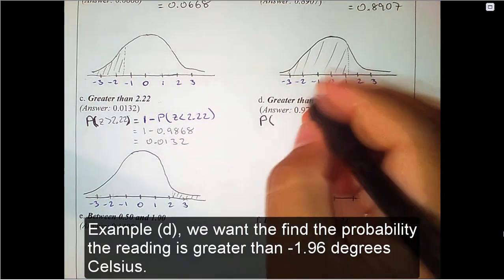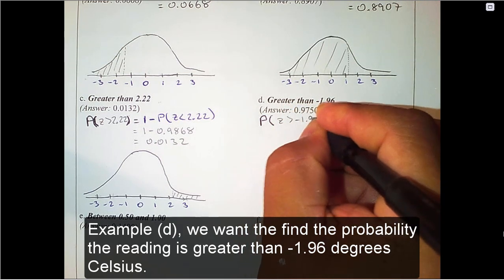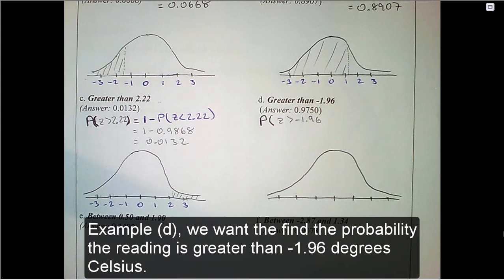Example D, we want to find the probability the reading is greater than negative 1.96 degrees Celsius.